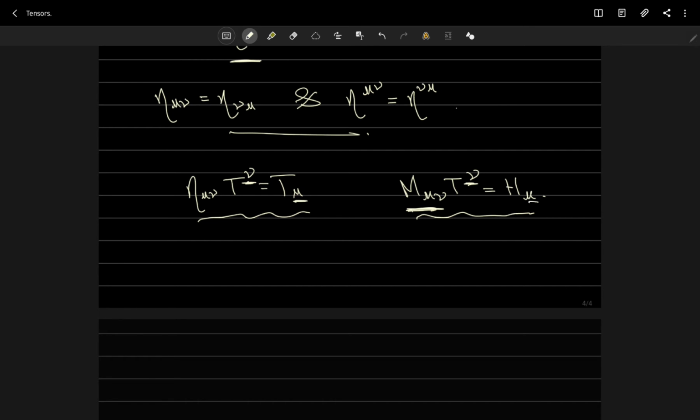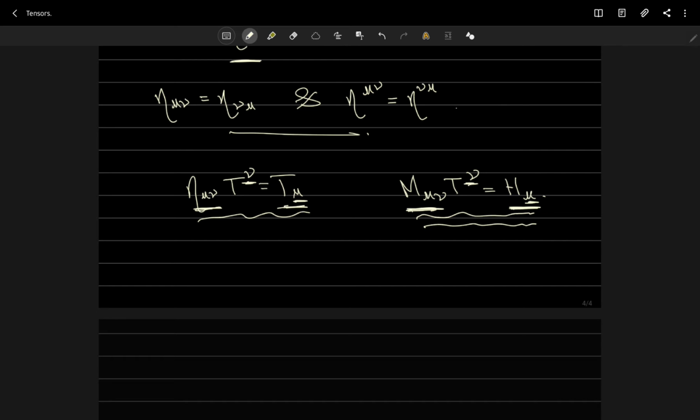Same over here, right? But only for the action of eta mu nu, this one, does the result correspond to the dual of what you start with, which is this thing. However, in this case, you can see that we have changed.